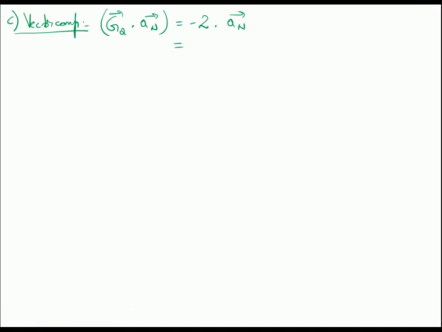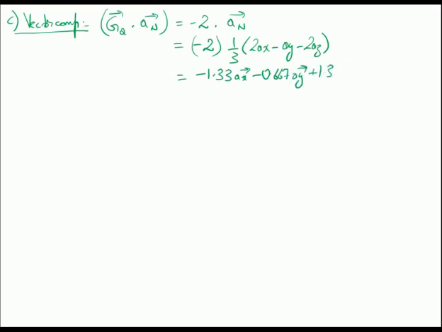This means our answer will be minus 2 times 1 by 3 (2AX minus AY minus 2AZ). Once you solve this, it comes out to be minus 1.33AX, minus 0.667AY, plus 1.33AZ. Again you can see the answer has unit vectors in it, so this output is a vector form answer, or a vector component representation.